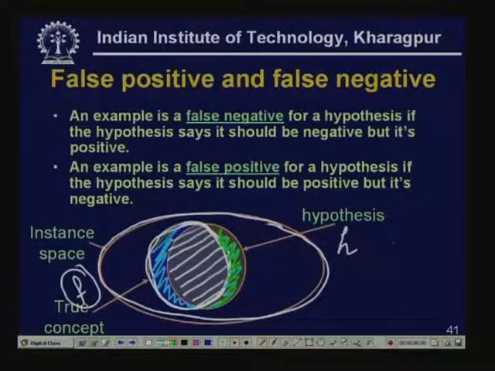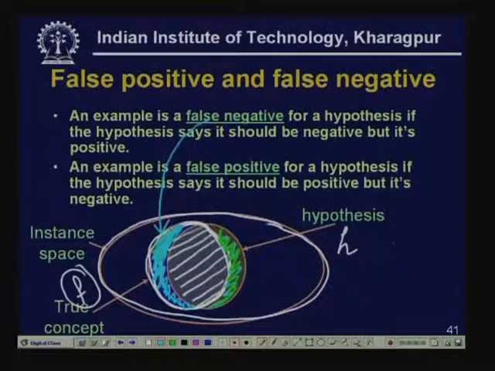Look at this blue region. Your hypothesis states that these examples must be negative, but these examples are actually positive according to f. So, these are falsely negative by your hypothesis.